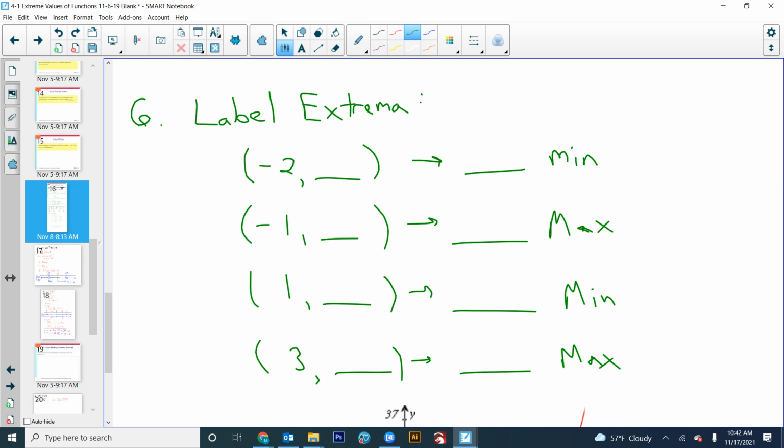The only way you're going to be able to say, oh, that's a min, oh, you're lower, is to know the y values, right? So we should plug these into the, don't say derivative, plug them into the original. F of -2.